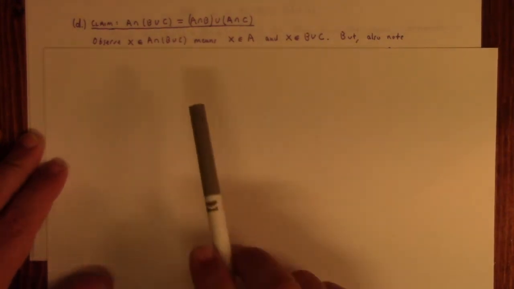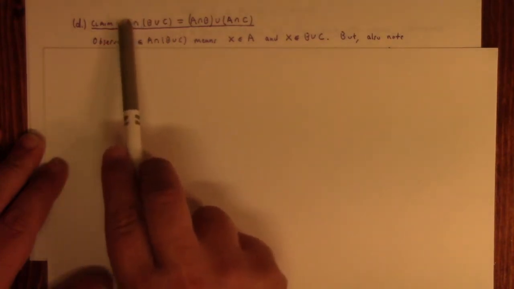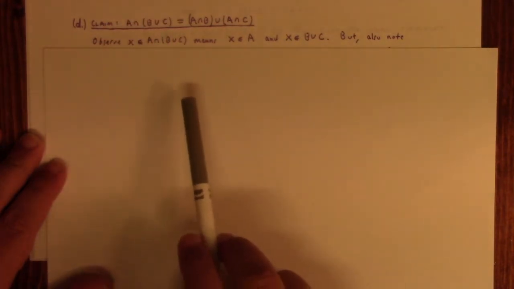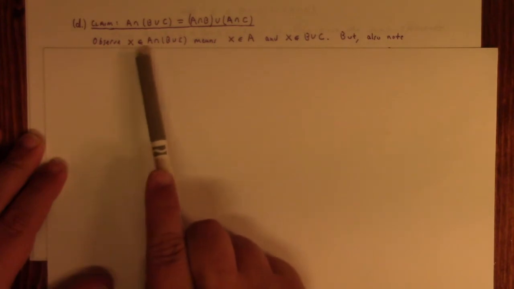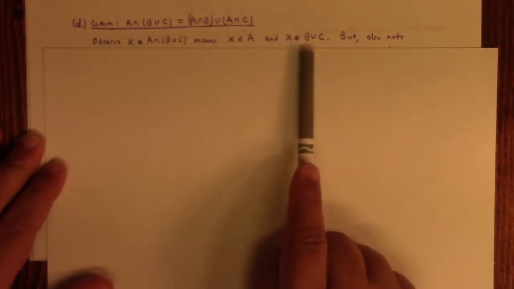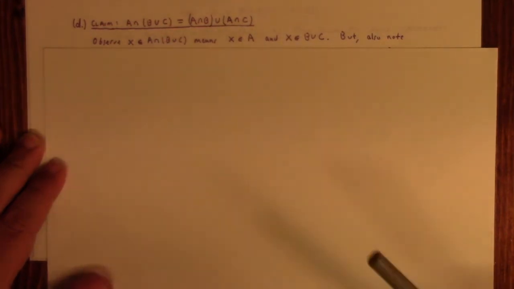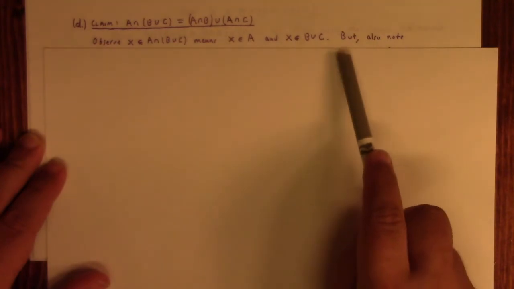So here's how it starts. We take X, an element of this set, all right? And then I'm going to just unwrap what that tells us. That tells us that X is in A and that X is in B union C, right? Because intersection means that it's in both of the things being intersected. But what else do we know?